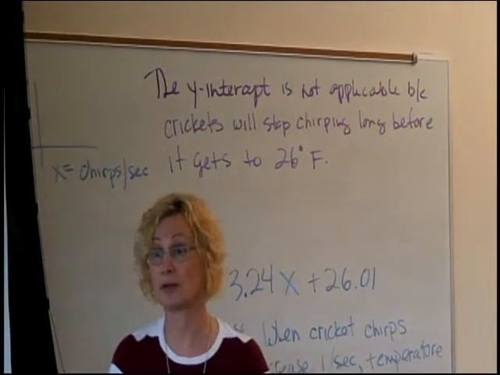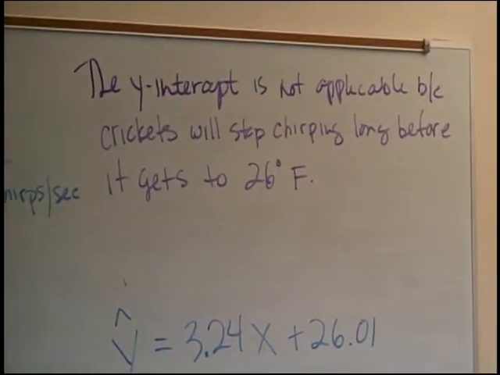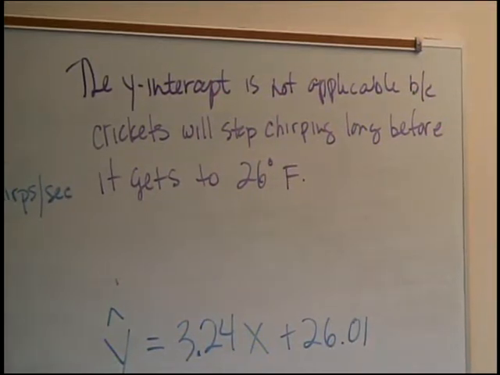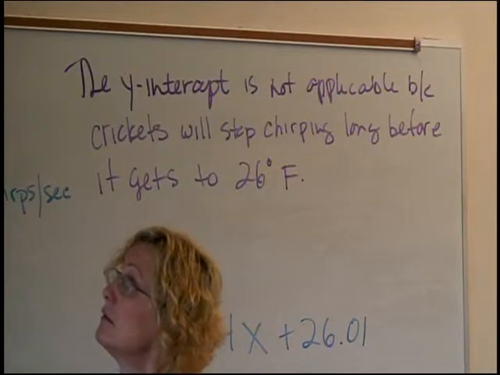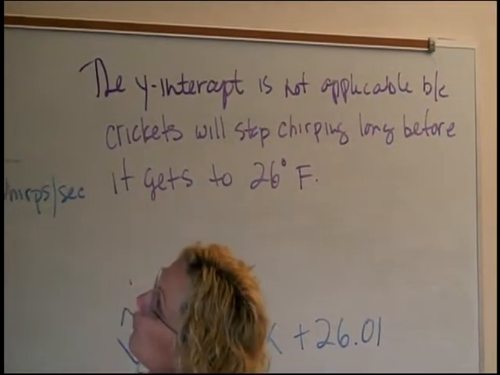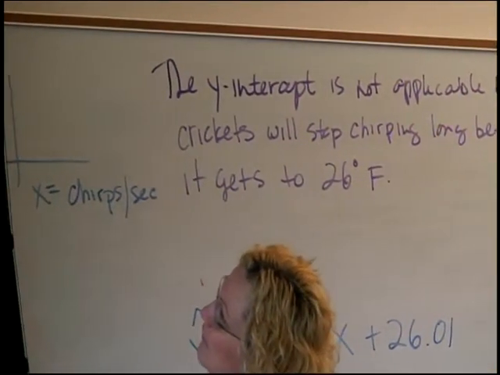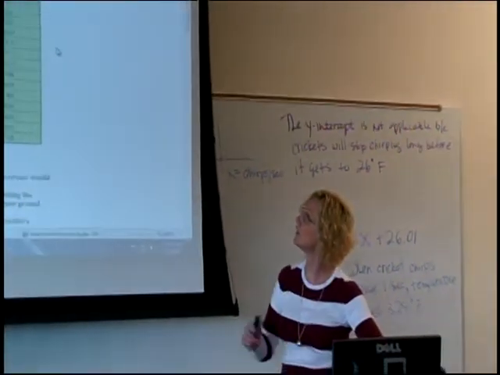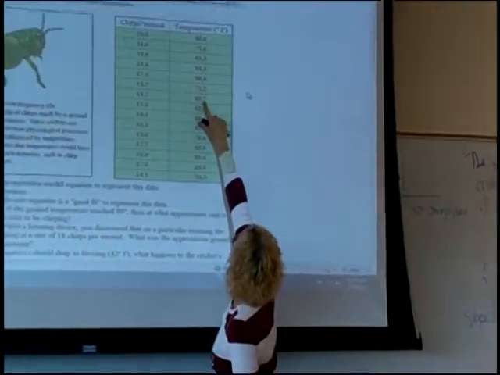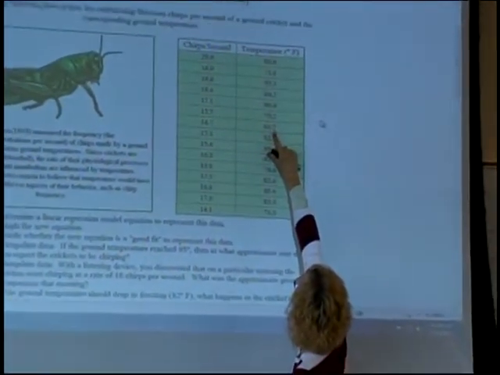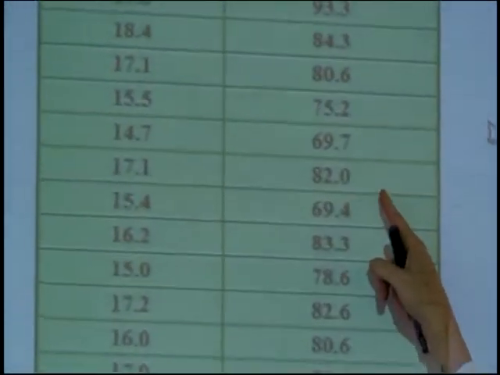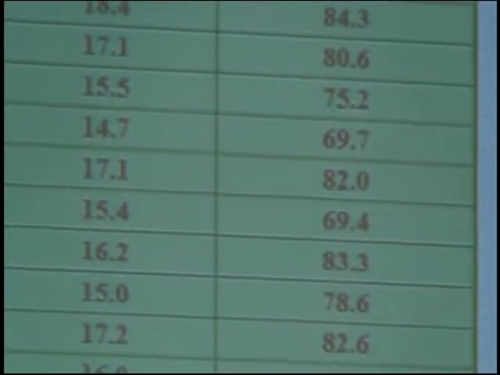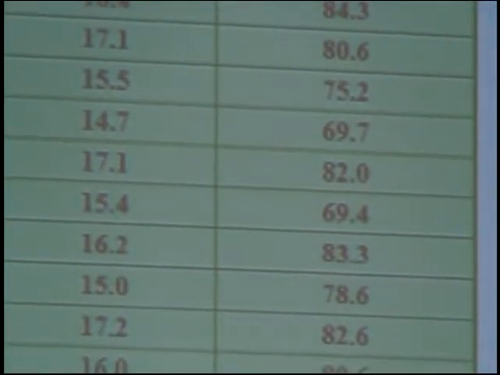Does that do it for you guys? Is that all right? So by the data, the crickets aren't even chirping until it's in the 70s. 69 degrees, I think, is the closest there, right? So the range of data is the upper 60s to the low 90s. Okay? Does that make sense?